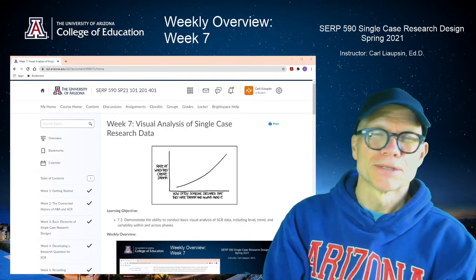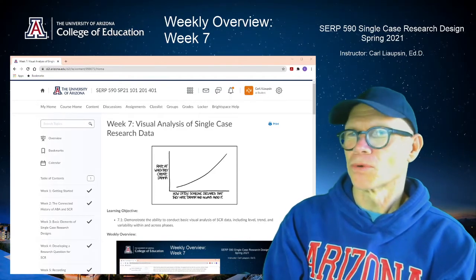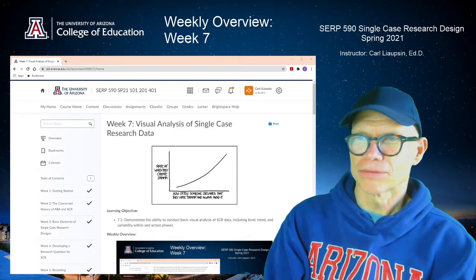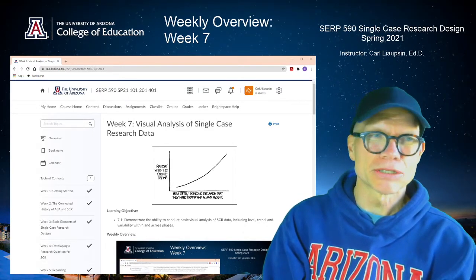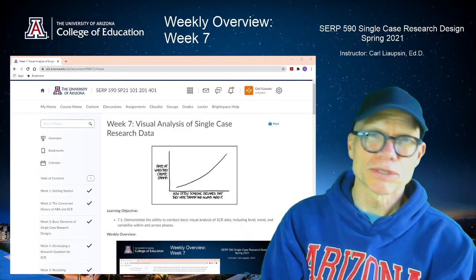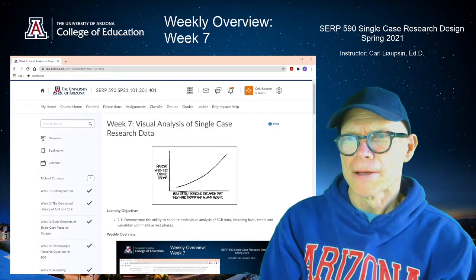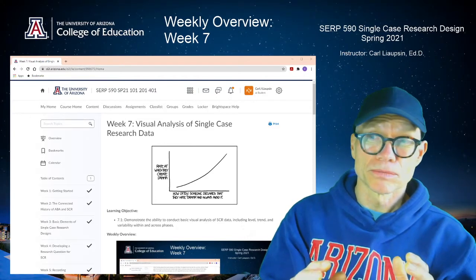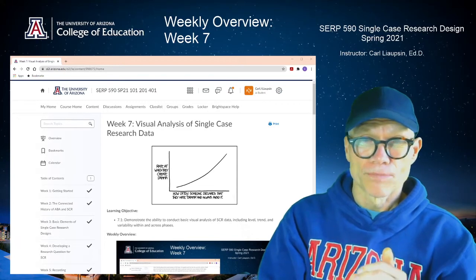We are just rolling on through this course. We've learned a lot so far. Aside from just getting going, we've learned about the history of applied behavior analysis and how single case research design fits into that. We've looked at basic elements of single case research design.